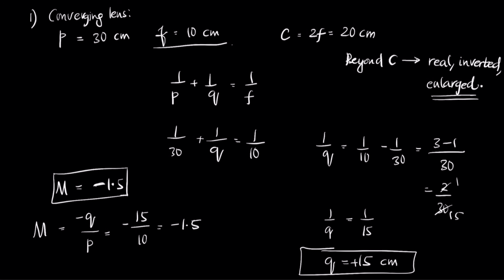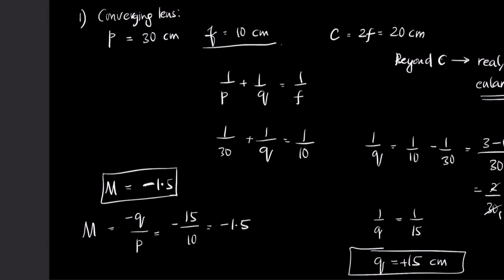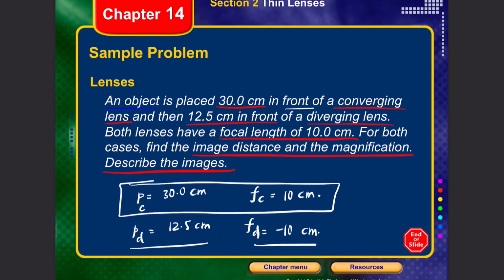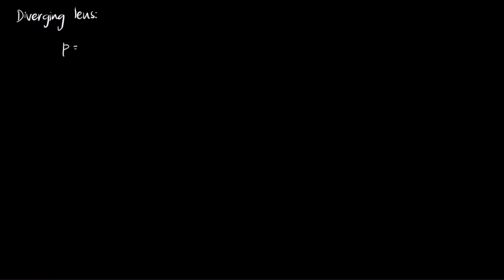Now the second condition they have given us is the diverging lens. In this we have p value given as 12.5 and f is negative 10.